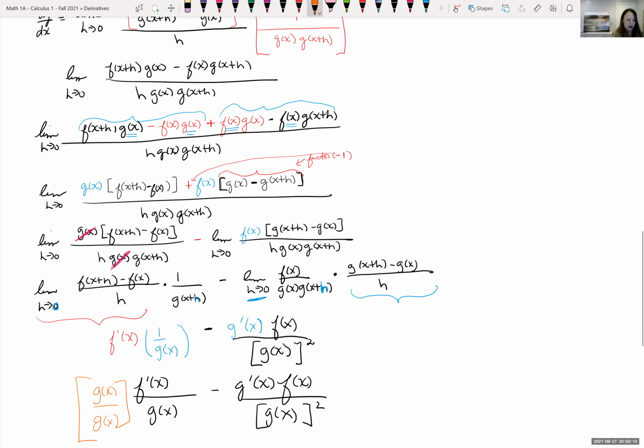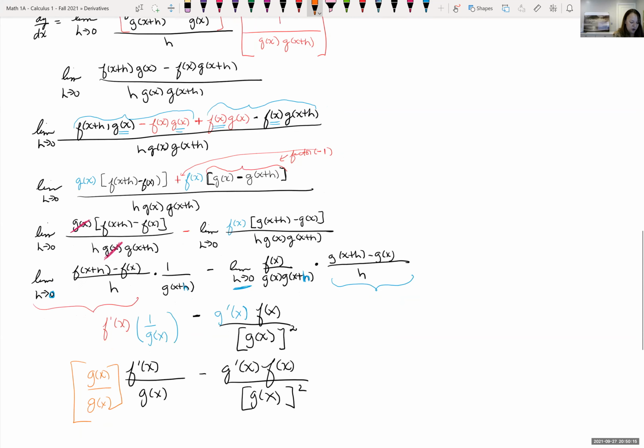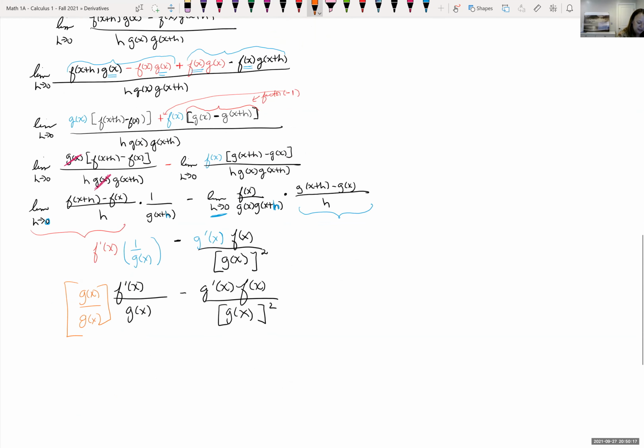So now we have a common denominator of g of x quantity squared. That's what's going to be down in my denominator. In my numerator, though, I have g of x times f prime of x. I like to write my derivative first. So derivative of my numerator, f prime of x, times my denominator, g of x, minus, I tend to do f of x first, f of x times g prime of x.